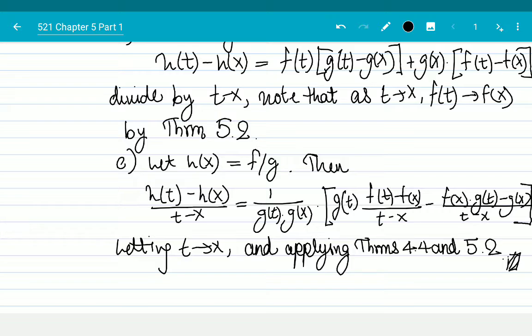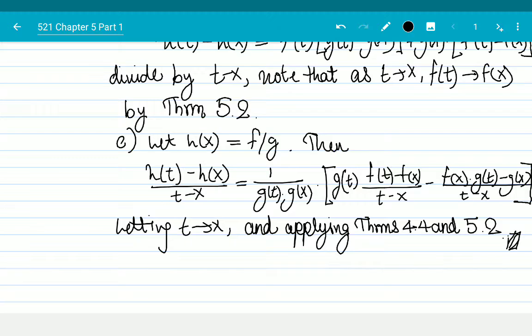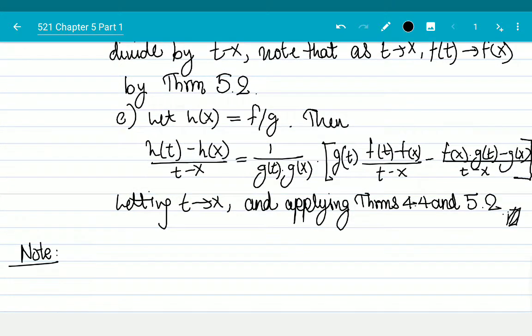Note, this technically does not say anything about f minus g, right? But we can show this for f minus g by noting that every constant function is differentiable, and so multiplication by -1 is differentiable.